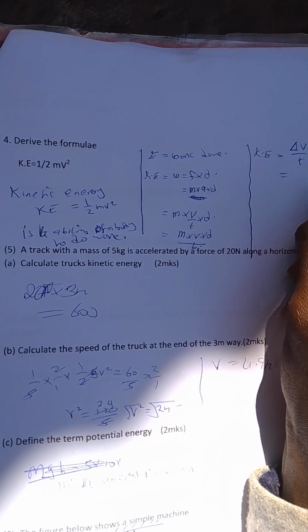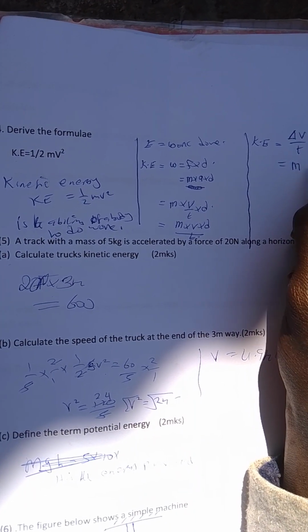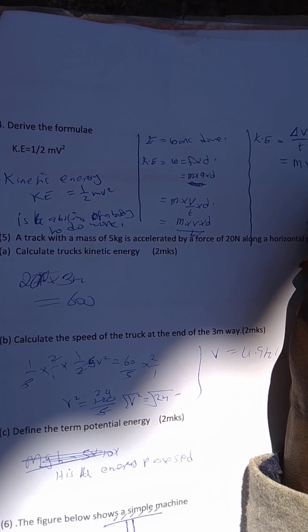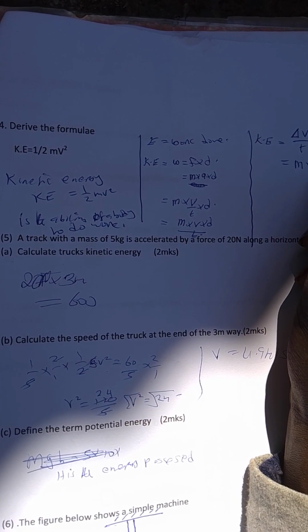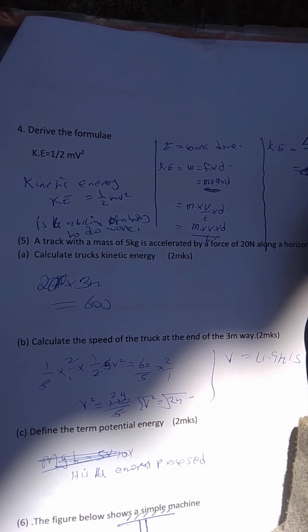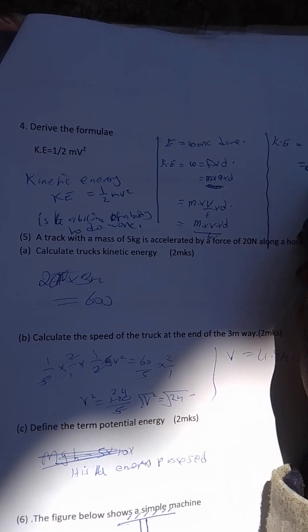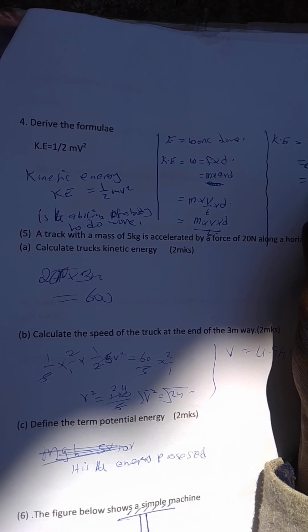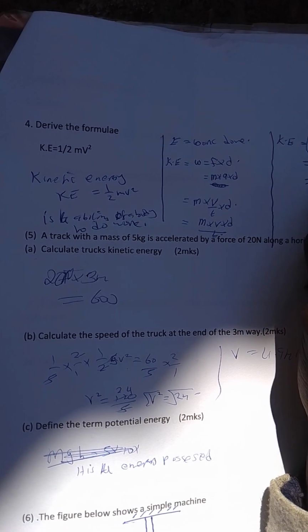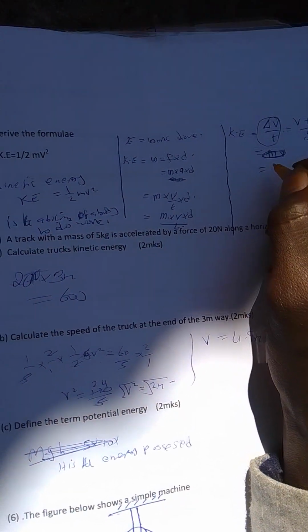Therefore we have mass m, and then to get first of all the average velocity, we can say v plus u over 2, so that we can get the average velocity. Therefore in this case we can change this one into v plus u over 2.